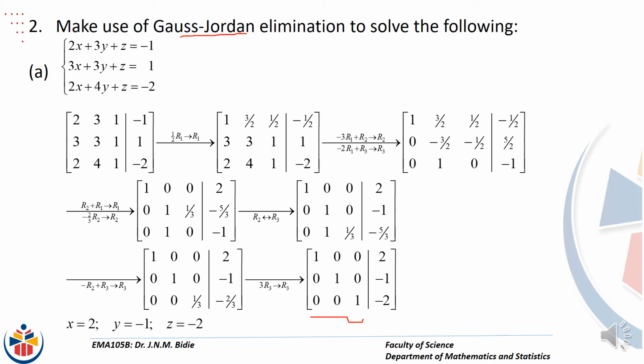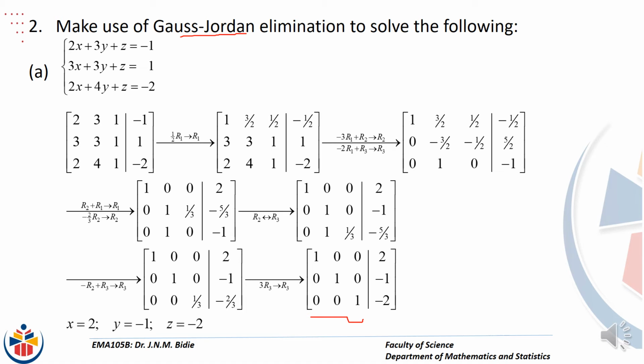Please go through the steps and see whether you understand the row operations that have been performed, and note that straight from the last augmented matrix we get the solution: x equal to 2, y equal to -1, and z equal to -2 without back substitution.